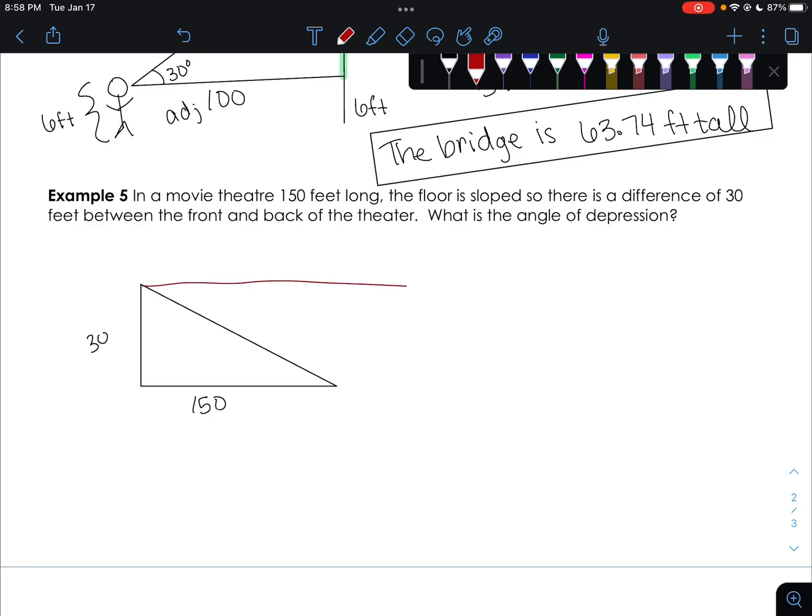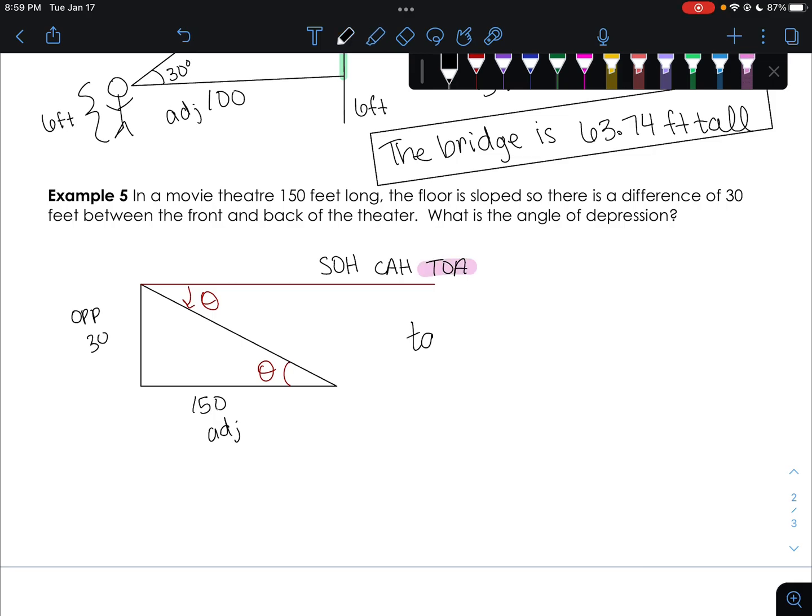If we think about it, angle of depression means it goes down. So this is this angle right here. But remember, it's congruent to this angle right here. So that makes it easier for us. So we know the opposite side. We know the adjacent side. So if we think about SOHCAHTOA, I'm going to use tangent.